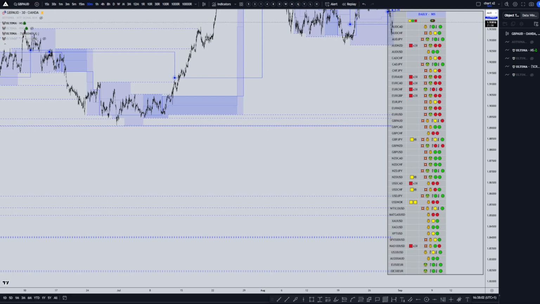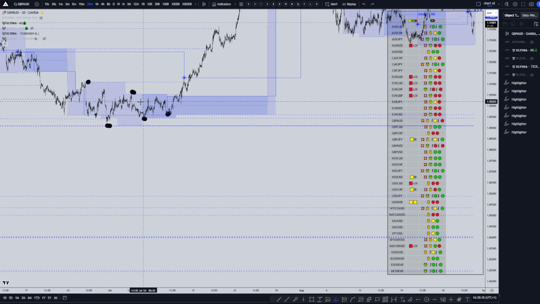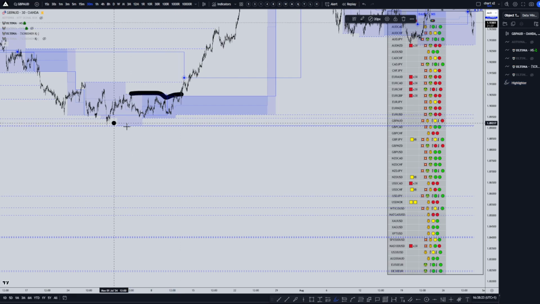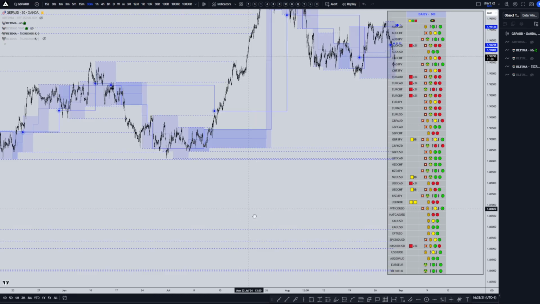What's contraction? Contraction is basically when we start to create higher lows and lower highs. Structure starts to move lower, then higher. So basically it's coiling down, starting to squeeze, contracting.